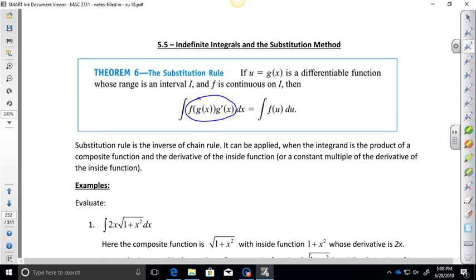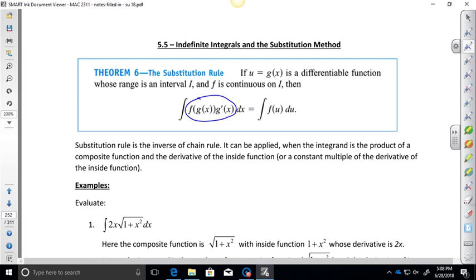Instead of 4x plus 3, if you have, let's say, 4x minus 1, then you cannot apply substitution. It has to be the derivative of the inside, but any multiple of 4x plus 3 would be fine, like 8x plus 6 or 12x plus 9.